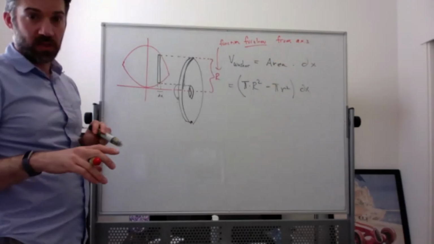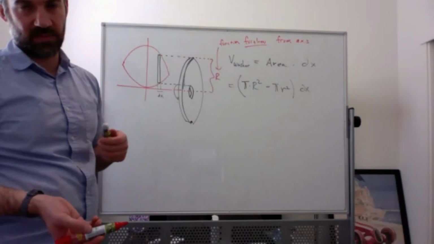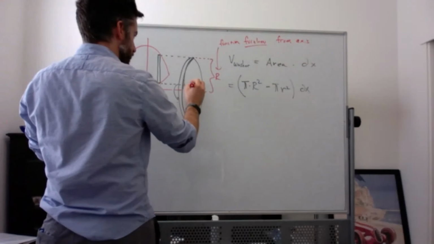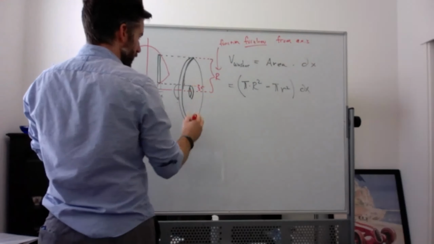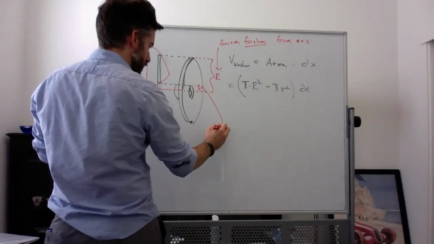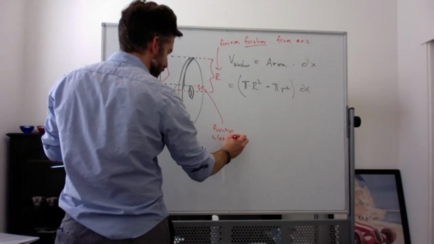Notice I said axis of rotation, not the x-axis, because sometimes the axis of rotation is some other axis. And little r is just the function that's closer to the axis of rotation.